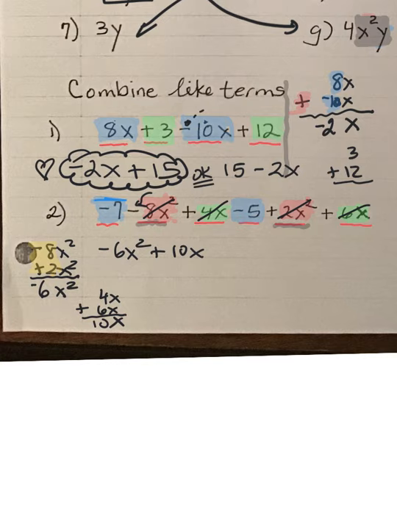And then the constants, we have a negative 7 and a negative 5, right? So 7 negatives plus 5 negatives. Don't you have just a bunch of negatives? Negative 12, so we're going to write minus 12. So we like to write our answer with the highest exponent first, then the plain old x, and then the constant last. Let's go to the next problem.